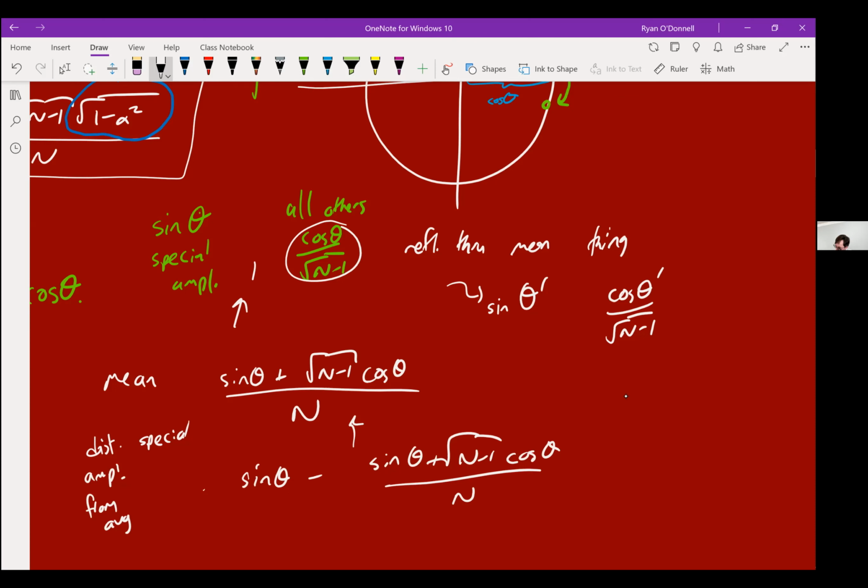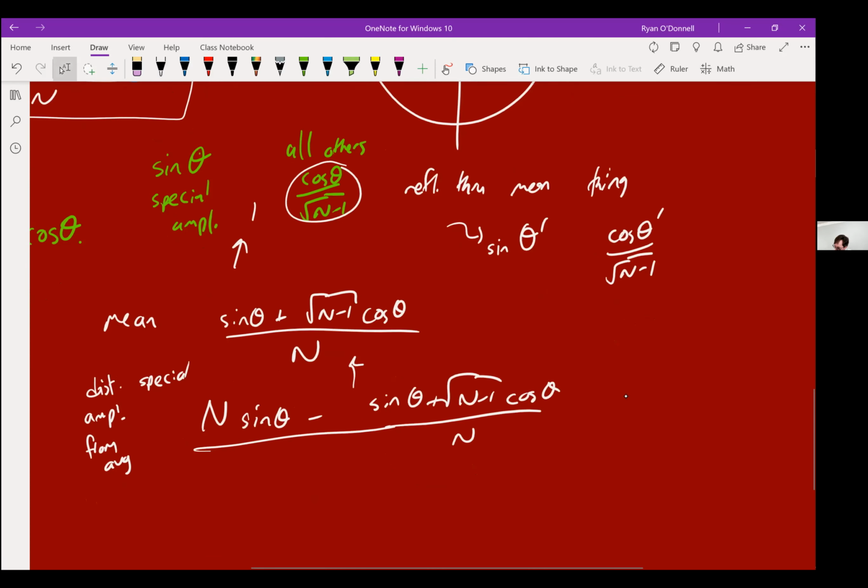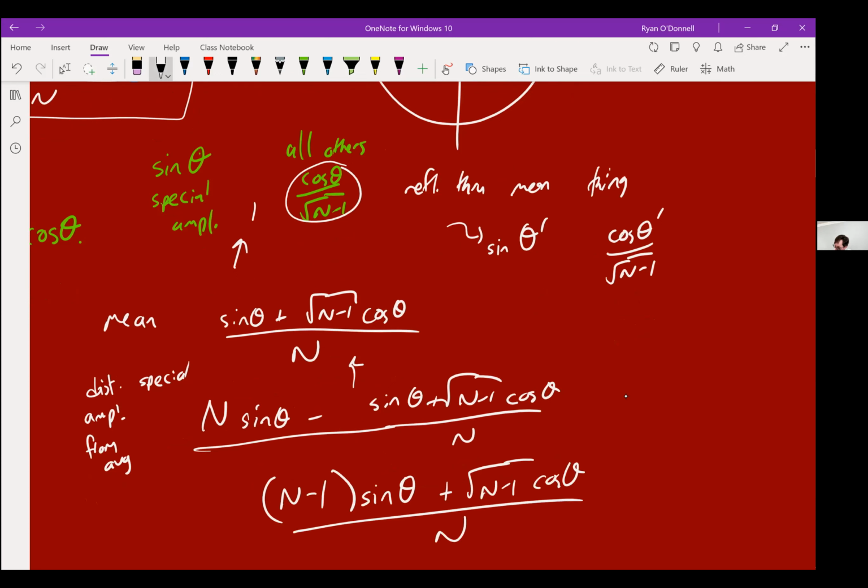Okay, I don't know, I could put an n here. Well, I guess you get n minus 1 sine theta plus root n minus 1 cos theta over n.